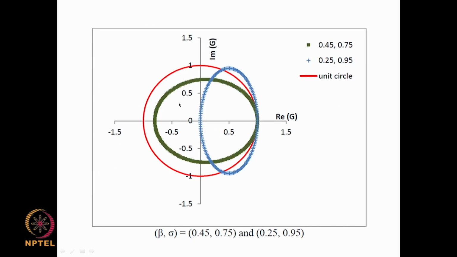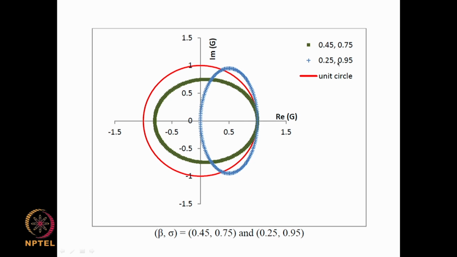So, here we are considering a beta of 0.45 and sigma 0.75, which is less than 1, and this is less than half here. So, for that value of g, for different values of phi, you have an ellipse here which lies entirely in the unit circle of 1. Okay. So, that means that this particular combination here is good, it is stable, because for no point we have g greater than 1.